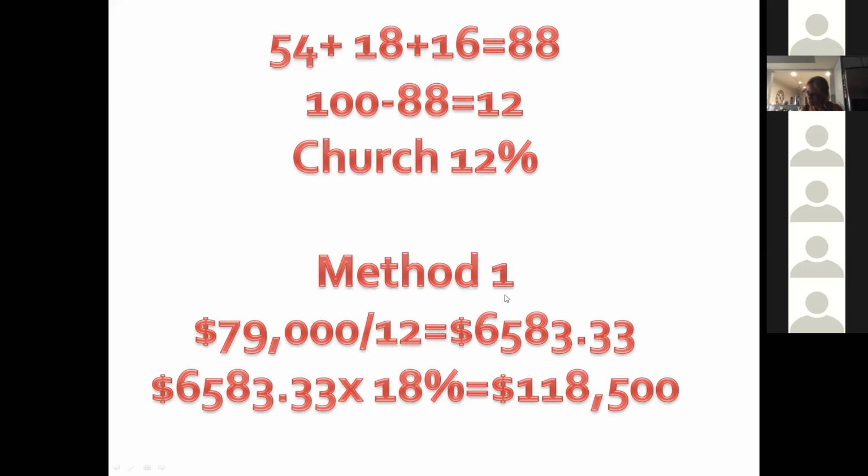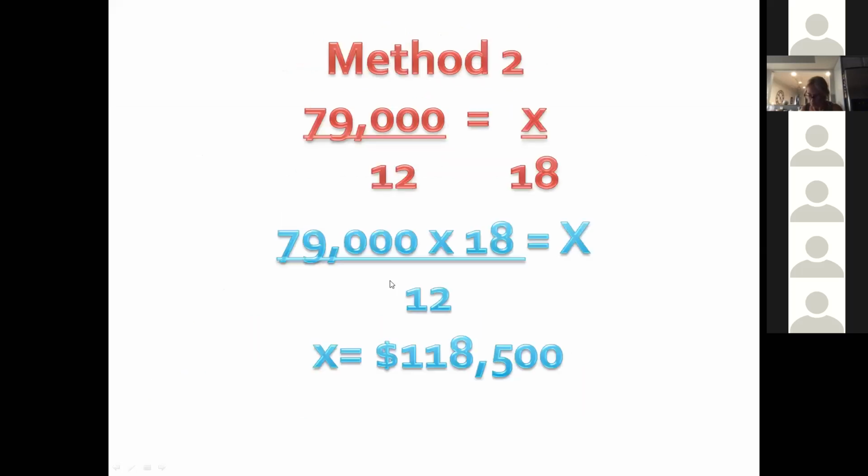Now there's a second method to do this, and this is the method of proportions, it's called. And that's 79,000 is to 12 as x is to 18, and then solve for x. It gives you the same answer when you solve for x. How do you solve for x on this? Same kind of method as we used before.